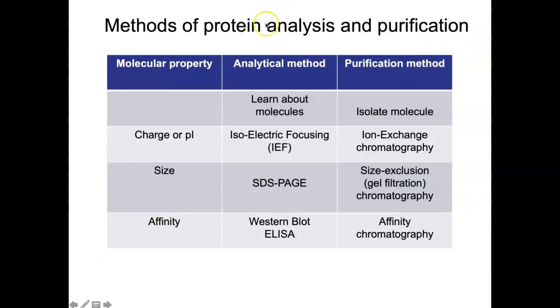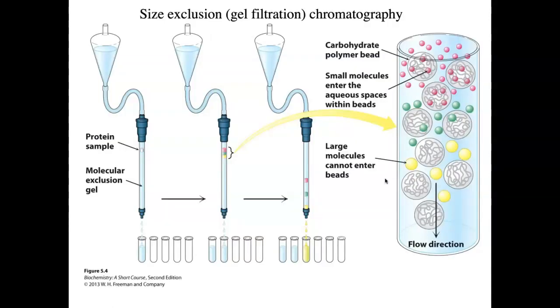All right, so these are our analytical methods. We're now going to switch and focus mainly on ion exchange chromatography and gel filtration chromatography. So in gel filtration chromatography, we're going to have a chromatography column into which we're going to pour our sample that contains multiple proteins in it.